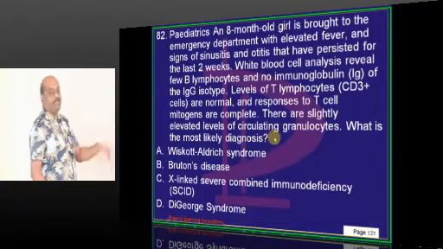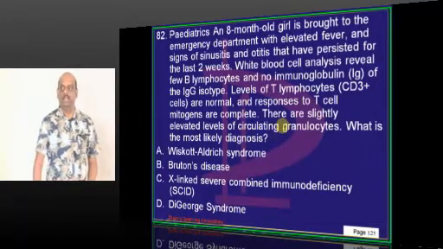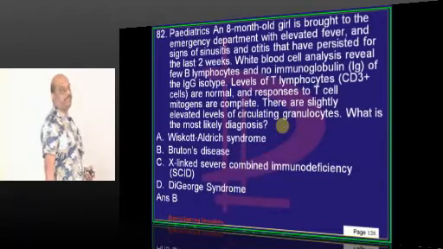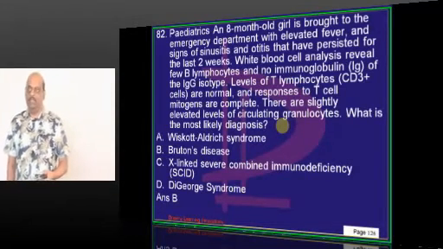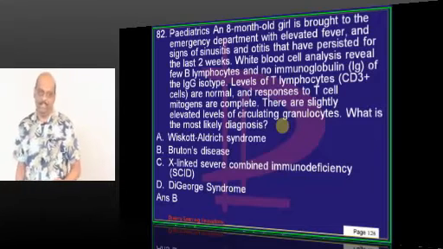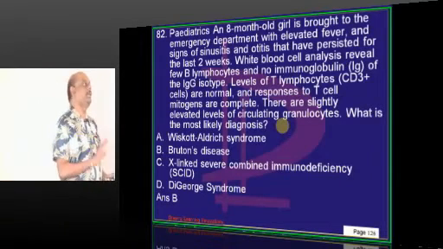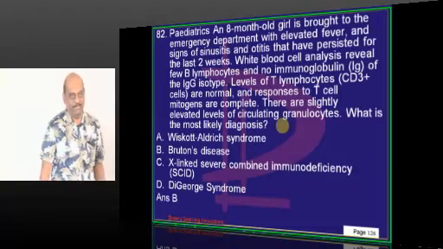And there are elevated levels of circulating granulocytes. Once more, the whole story goes in favor of Bruton's agammaglobulinemia, where humoral deficiency is the problem but cell-mediated immunity is not affected.